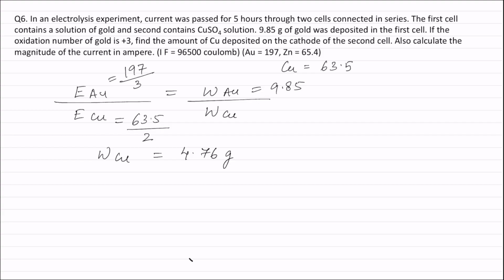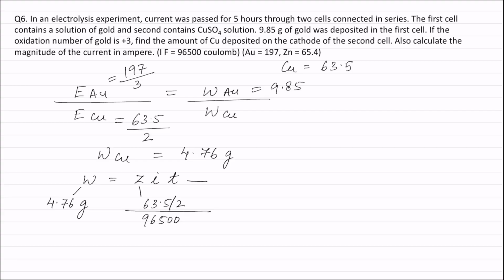Now the second part of the question is to calculate the magnitude of current in ampere. Applying the formula, W is equal to ZIT, where W is the weight of copper deposited, that is 4.76 gram. Z is equal to the equivalent weight of copper, that is 63.5 divided by 2, divided by 96500 coulombs. I we have to calculate.